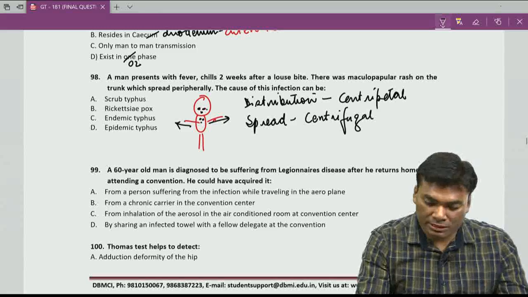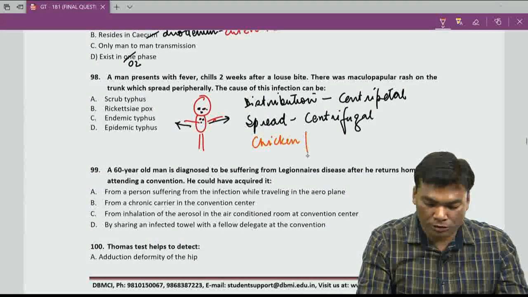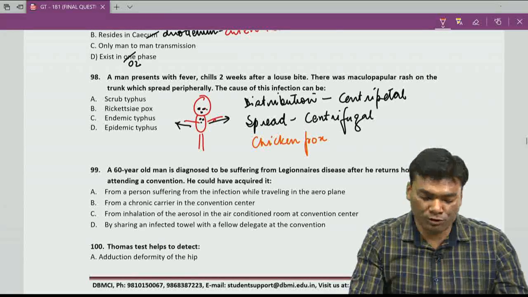So this is seen in chickenpox. The rash in chickenpox, distribution is centripetal and spread is centrifugal.